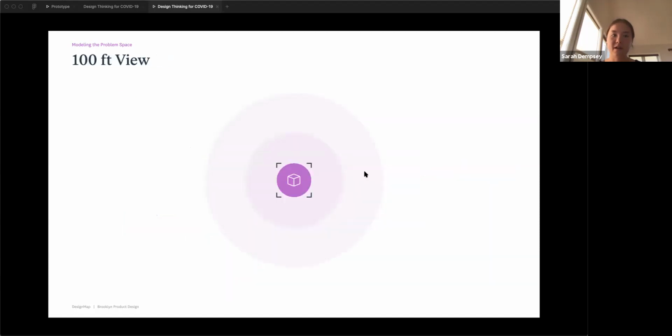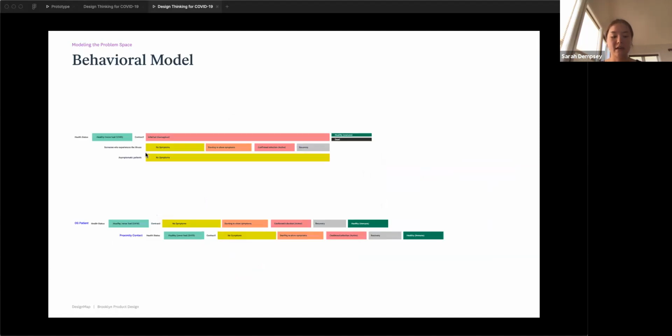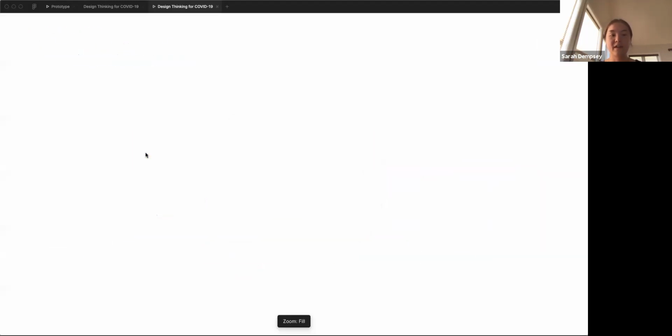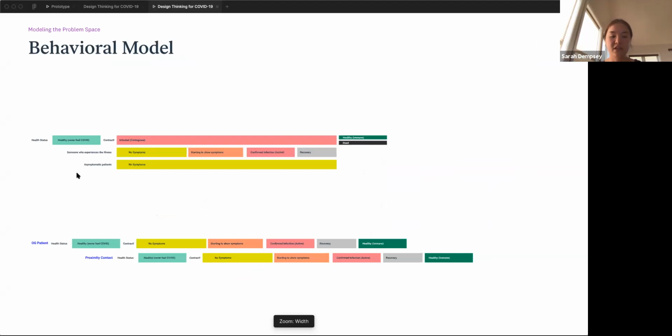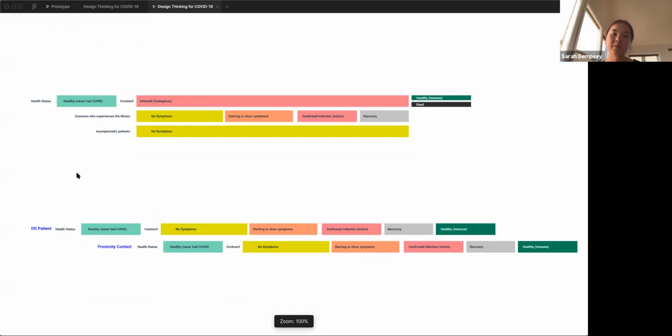But we had another model here narrowing even further to a 100-foot view to focus more on the people and the infected patients. So we did a bit of mapping to understand the health status, and this is where we started to take into account asymptomatic people and symptomatic people, and how time plays a factor in when they cross and the spread of infection.